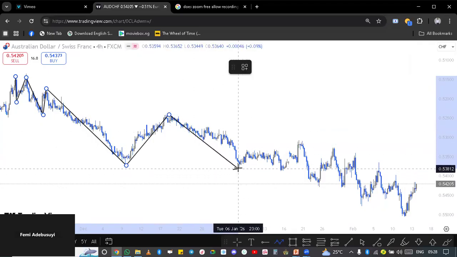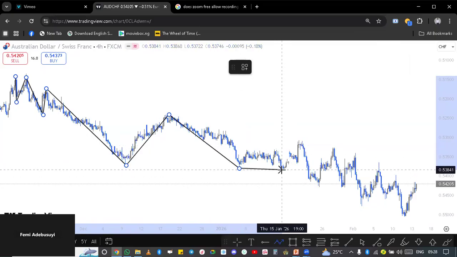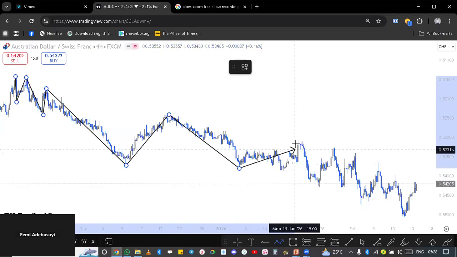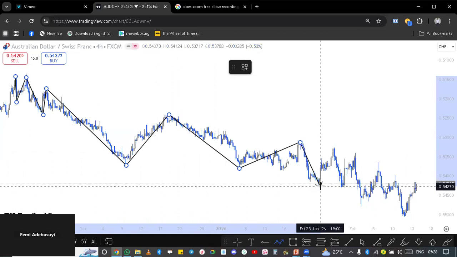Now I'm going to take this. You might want to ask me, why am I not taking this as next? Because this did not break low below it, so I'm going to take this guy here, and I'm going to take this guy here.